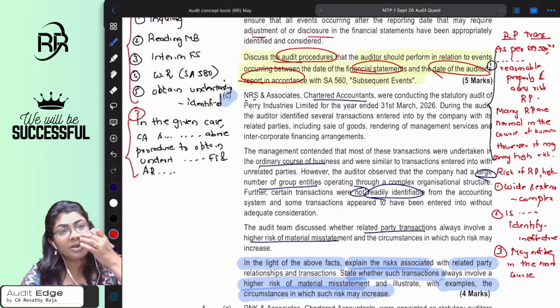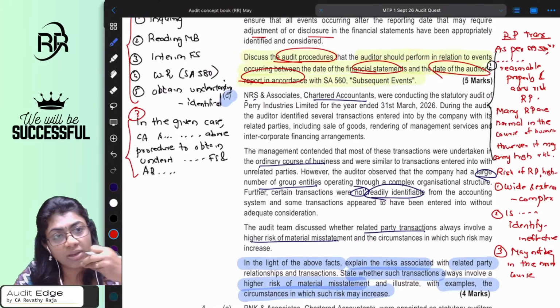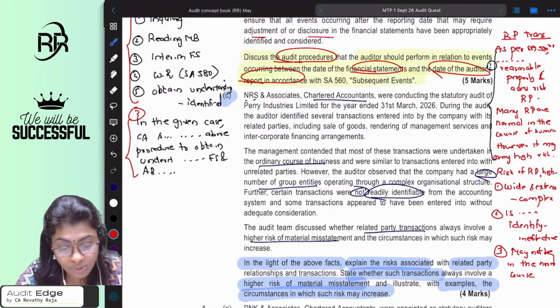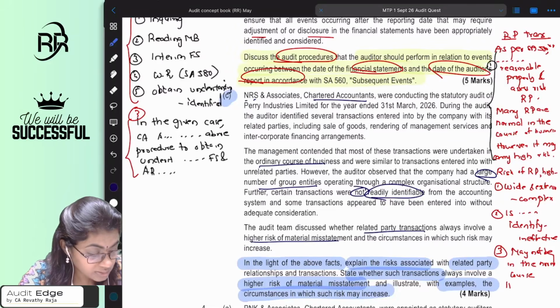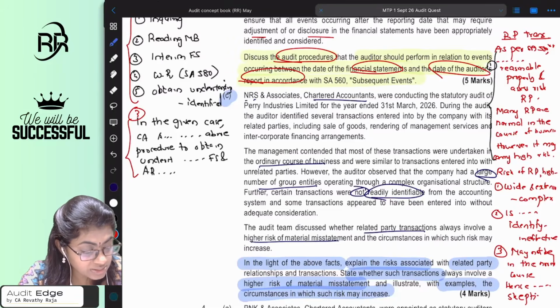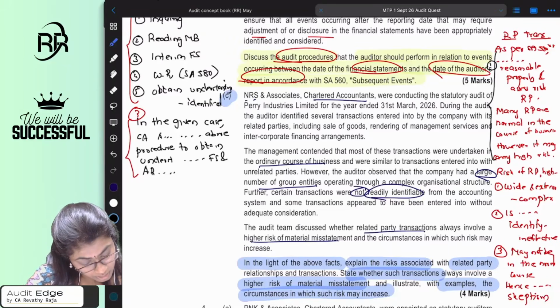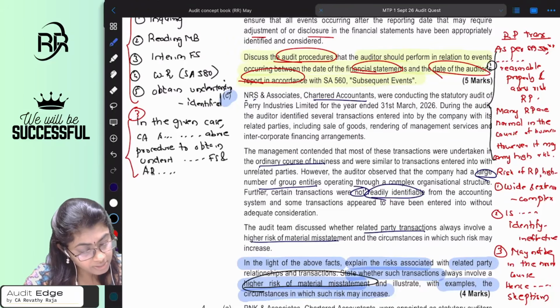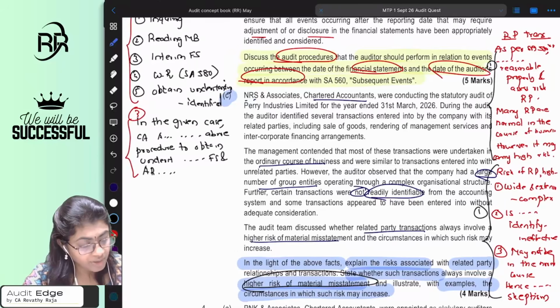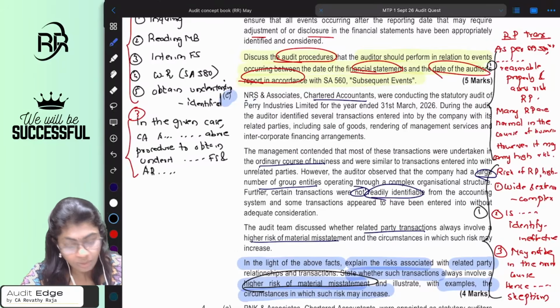You know, when related party comes, discounts, etc., may not be in the normal or usual course. Hence, the auditor shall maintain professional skepticism. So we said, why high risk? Risk may be because of wide and extensive, information system is ineffective, then may not be normal.